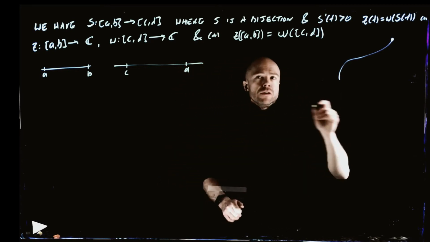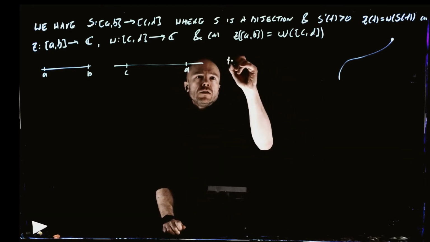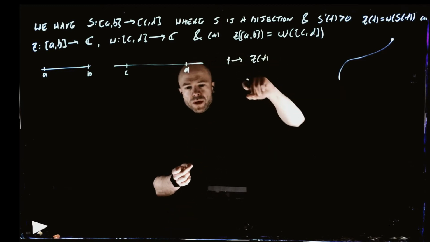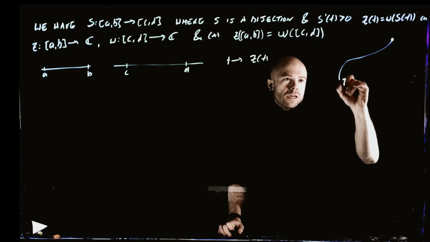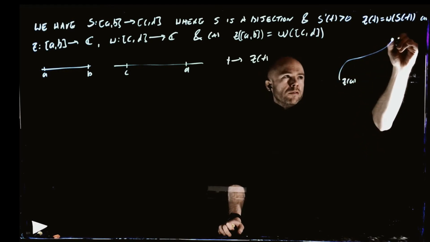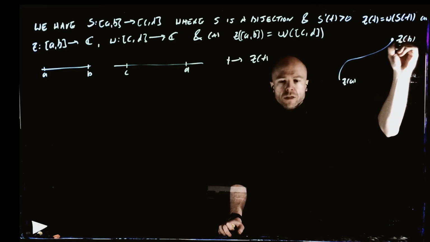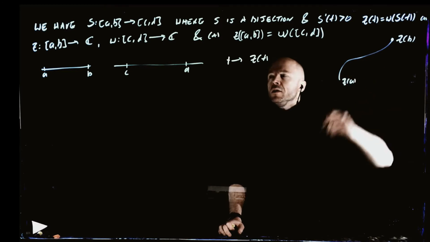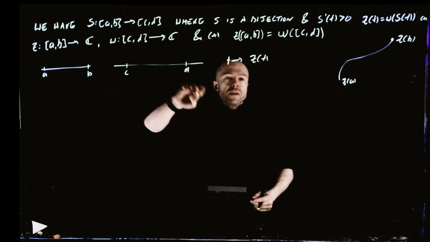As t goes, z of t is the position of the bee at time t. So if we start here at z of a, then we move along, and we end up here at z of b. That's how we can think about a function from an interval into the complex numbers.